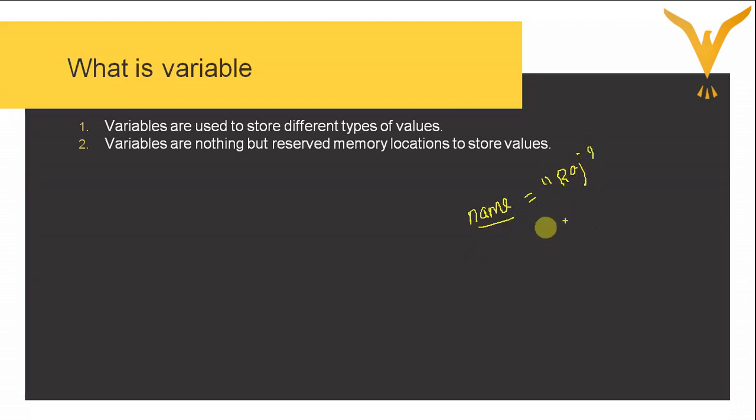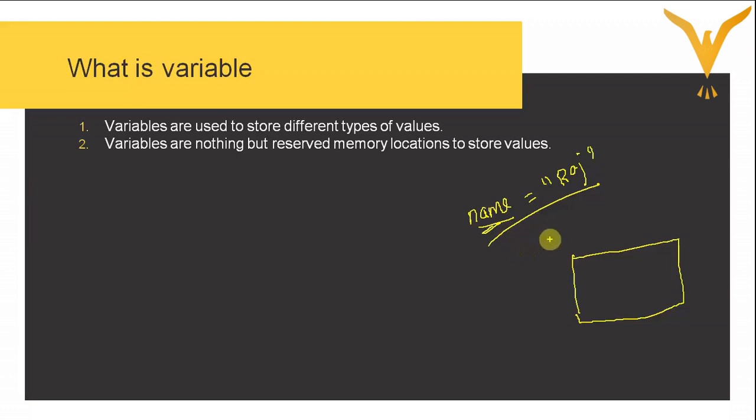When you create this variable, a certain amount of memory is allocated to it. One thing to remember is that whenever you create a variable, you reserve some part of memory for it, and how much memory is assigned depends on its data type.